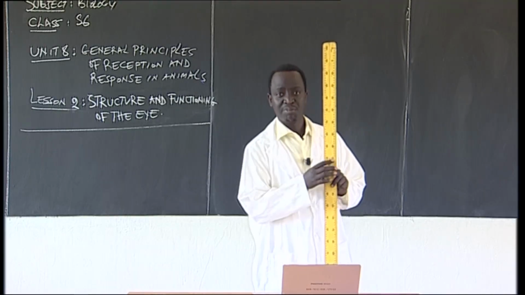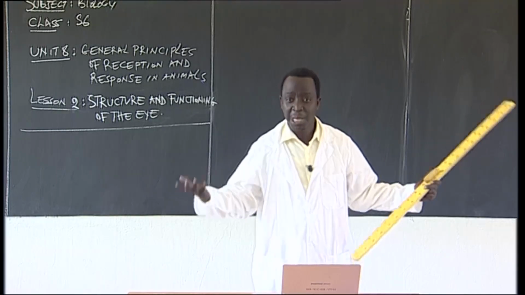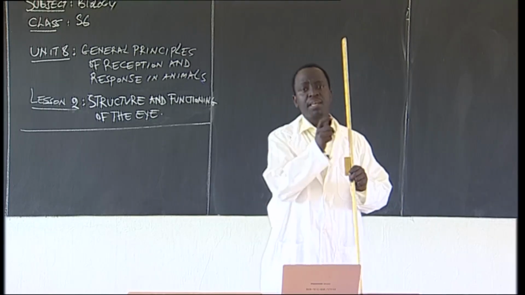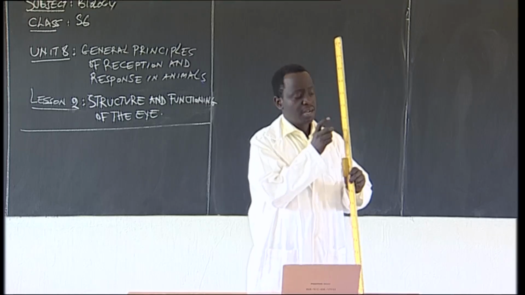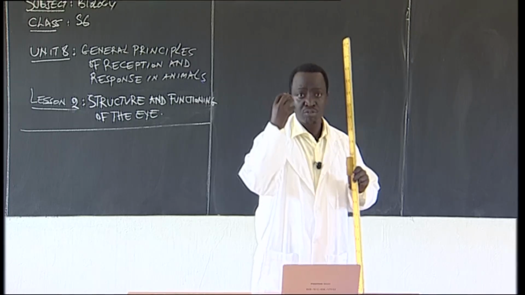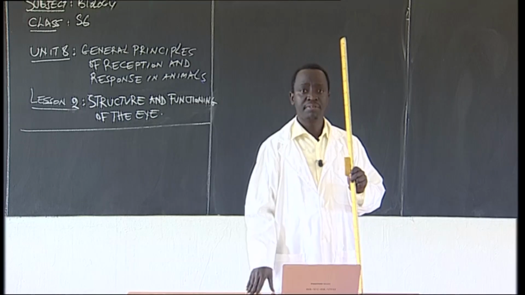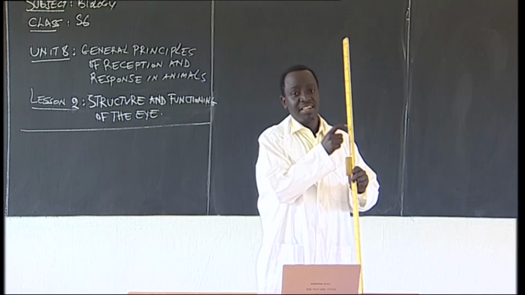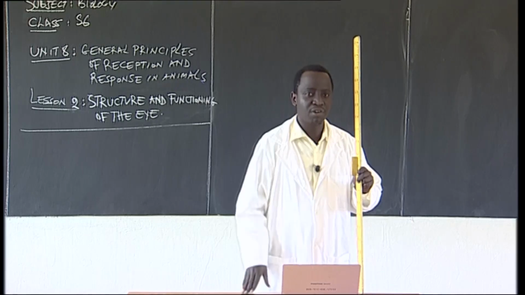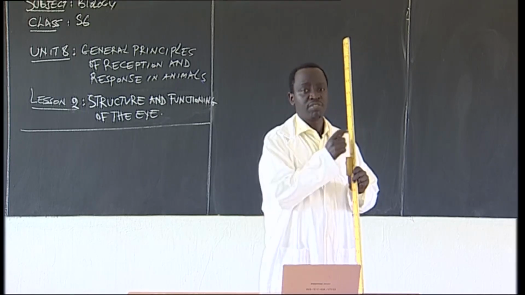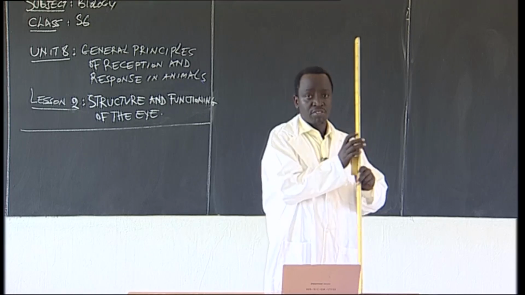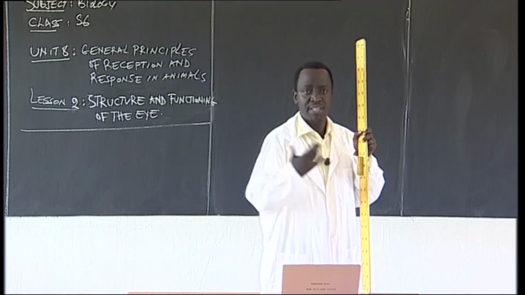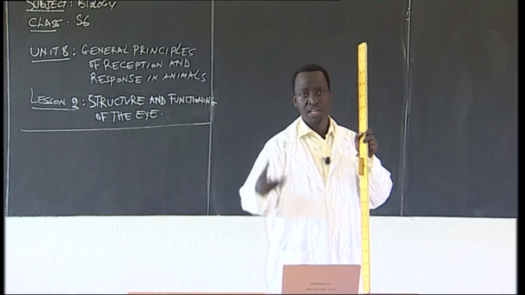For example, it is yellow. How can I know that this is yellow? The light comes and hits here, and then that light gets into my eye. From my eye, there are photoreceptors found on the retina. They receive the light which comes from this object, and that light is converted into nerve impulse. Why nerve impulse?